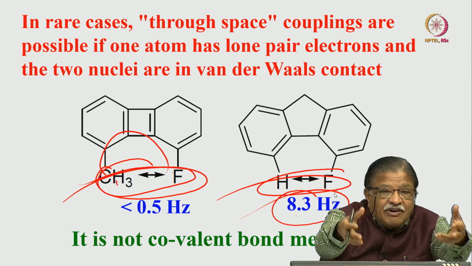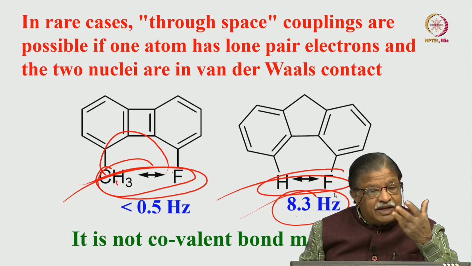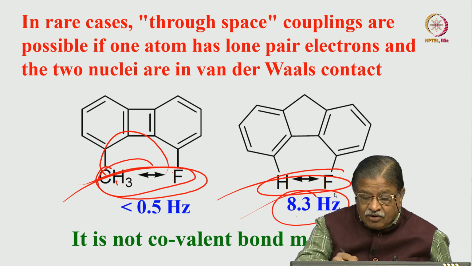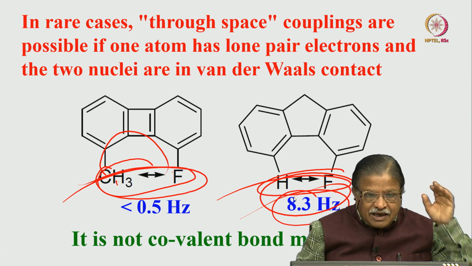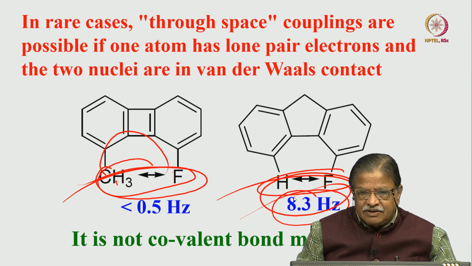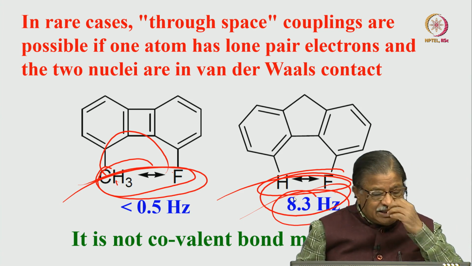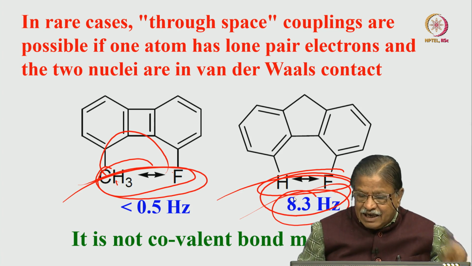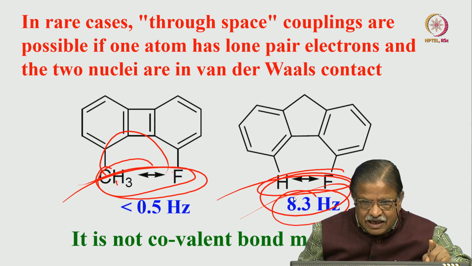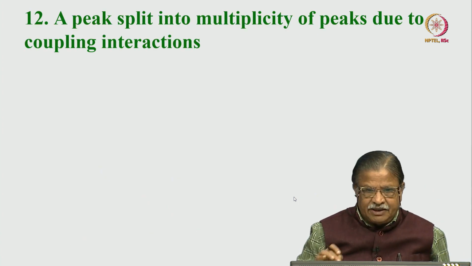There is a direct transfer of polarization between these two spins. As a consequence we can see the interaction, but not through covalent bonds. These are all rare examples. In 99.9999% of the cases, except one or two rare examples like this, the scalar coupling is an interaction where the polarization is transferred through covalent bonds. That is the important thing.